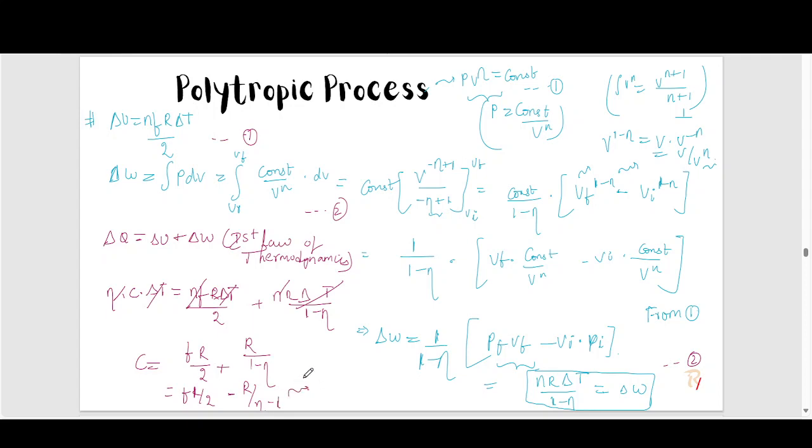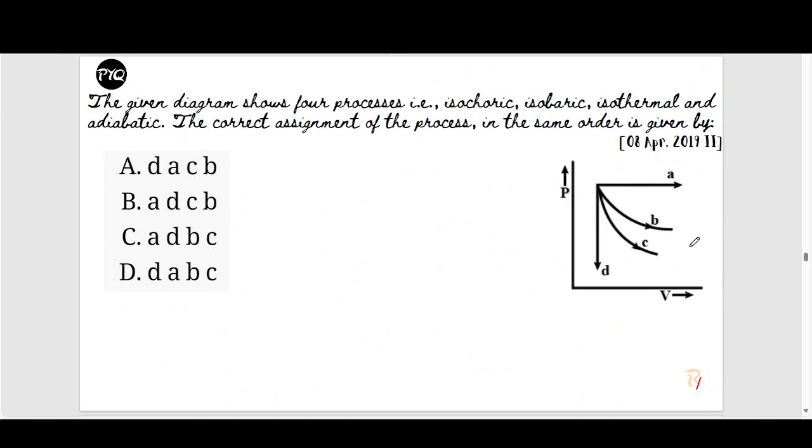Therefore we can write C equals, let me write fR by 2 like this. f by 2 is nothing but 1 by gamma minus 1.